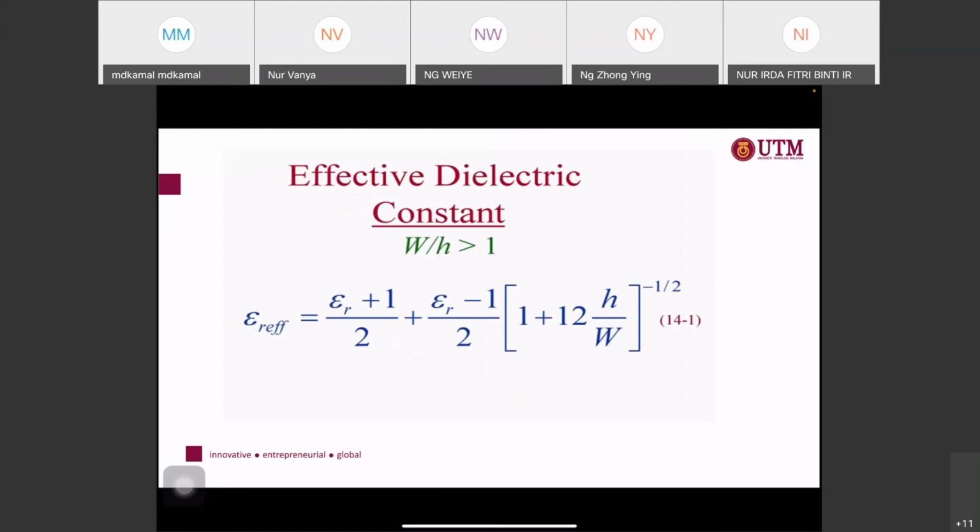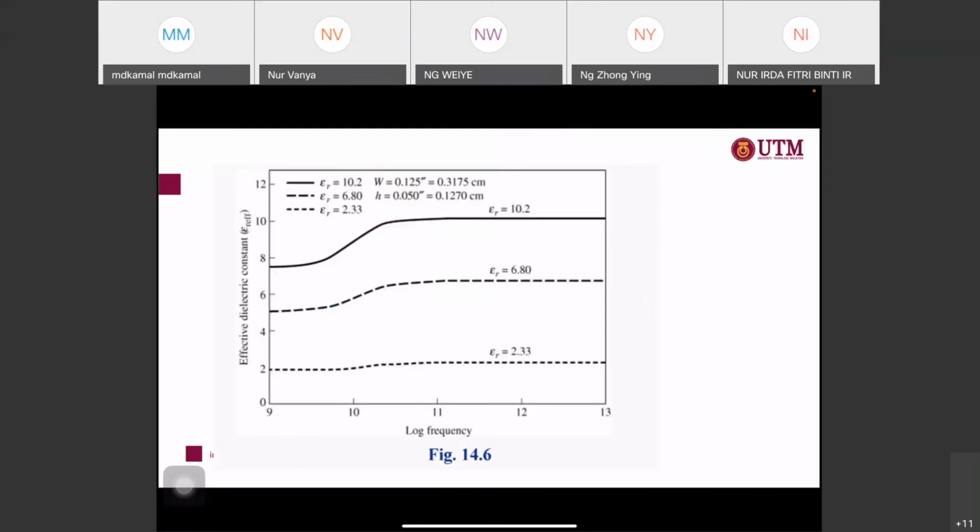This is just a graph to show different frequencies with the dielectric constant versus log frequency. You have different values of your substrate: epsilon R is 2.33, 6.8, and 10.2, and they make it in terms of a graph to make it easy for you to do this.